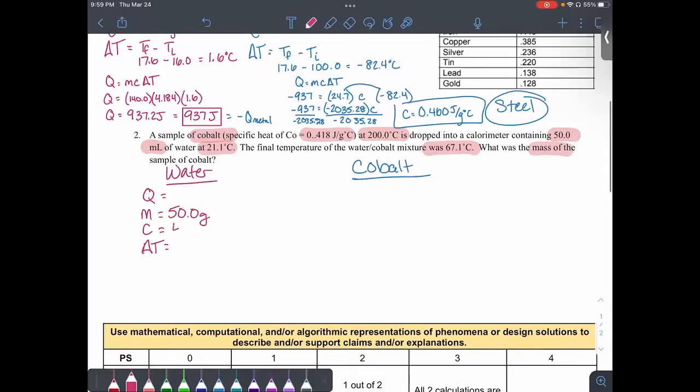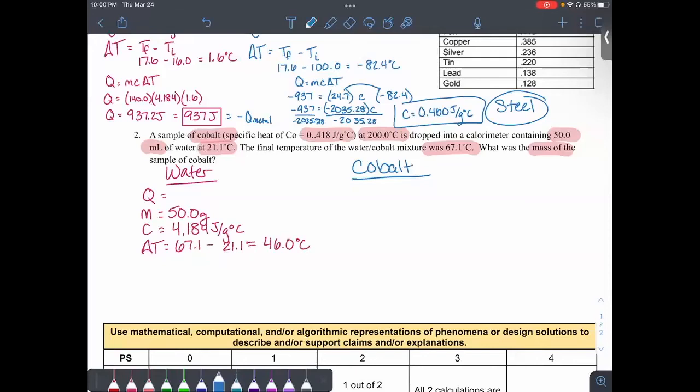Our C is our specific heat capacity of water, 4.184 joules per gram degree Celsius. And we know our change in temperature is going to be our final temperature of 67.1 degrees Celsius minus our initial temperature of 21.1 degrees Celsius to equal our change in temperature of 46.0 degrees Celsius.